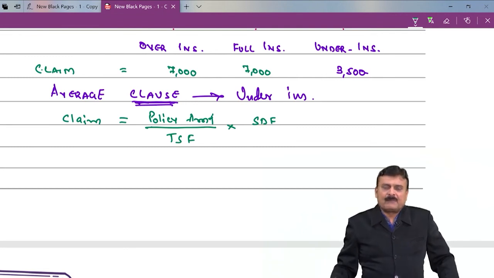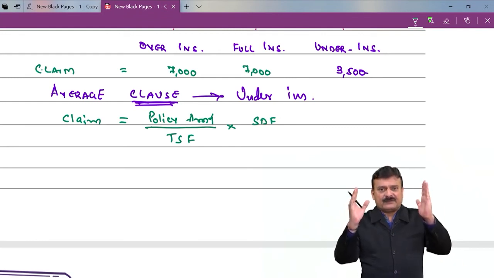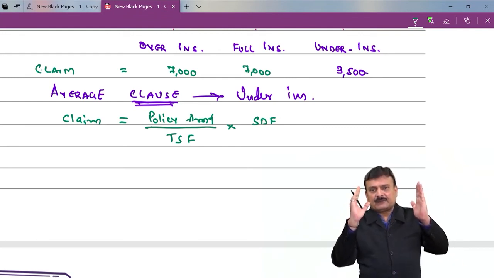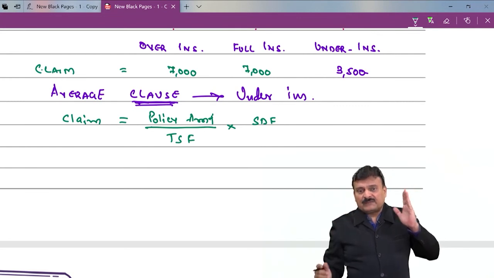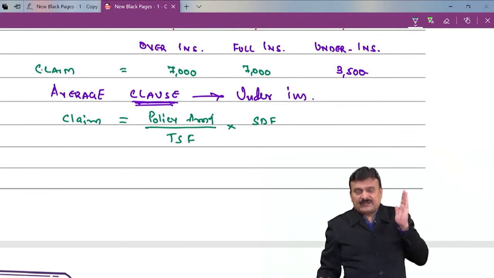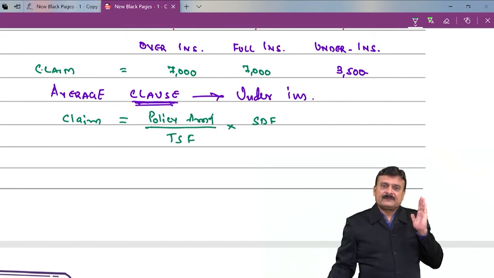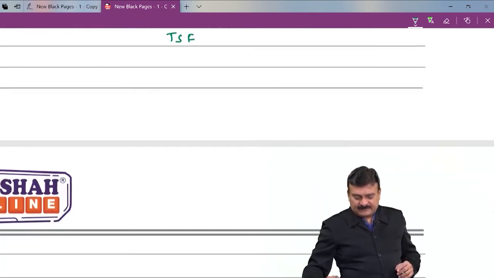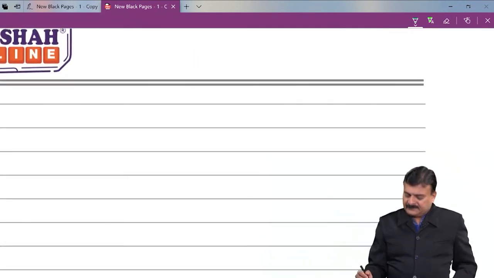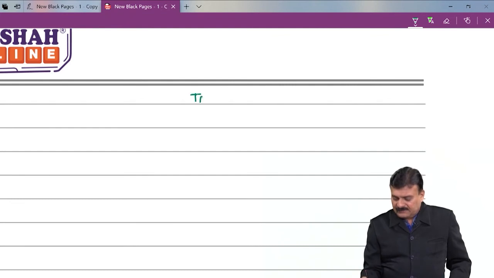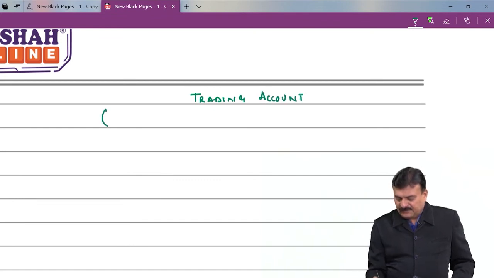How to find it? Simple thing. We will prepare a trading account for this period. Which period? From the date of beginning of the year to the date of fire. So I will prepare a trading account from which date to which date?